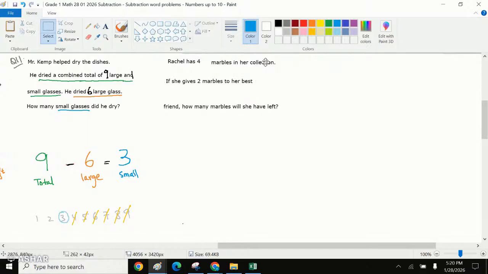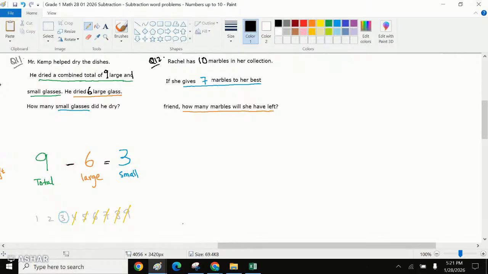Rachel has these many marbles and she gave away these many marbles. Okay. If Rachel has 10 marbles and she gives 7 away to her best friend. This is question number 12. How many marbles will she have left?